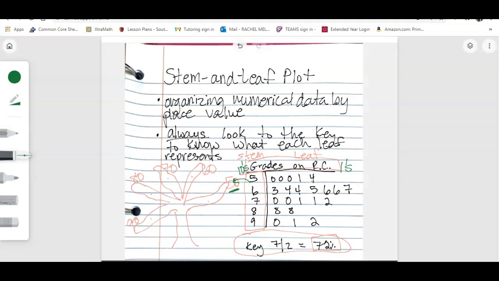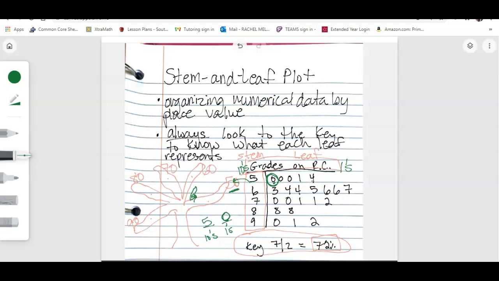So this leaf right here, there's a 0. If I do a place value chart, this is the ones and this is the tens. So this is telling me there's a 0 in the ones place, and there's a 5 in the tens place, which means that this leaf right here that I'm drawing has to be 50.